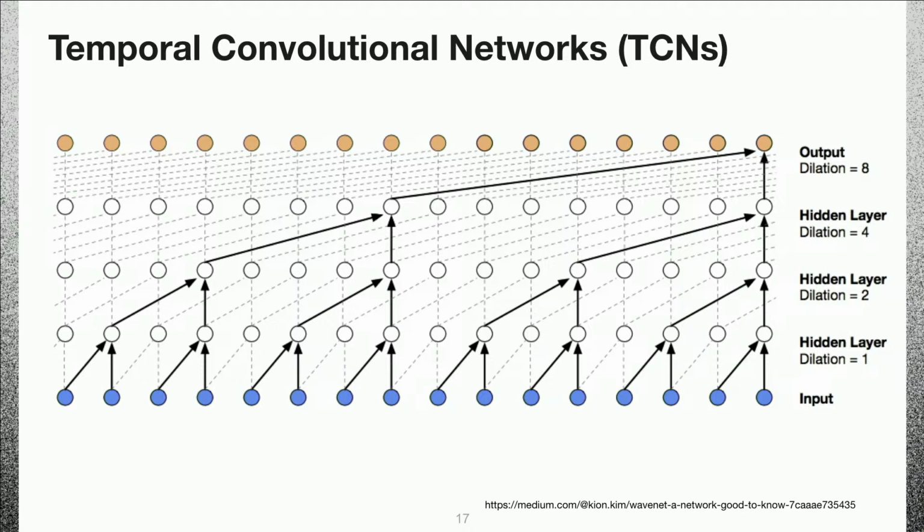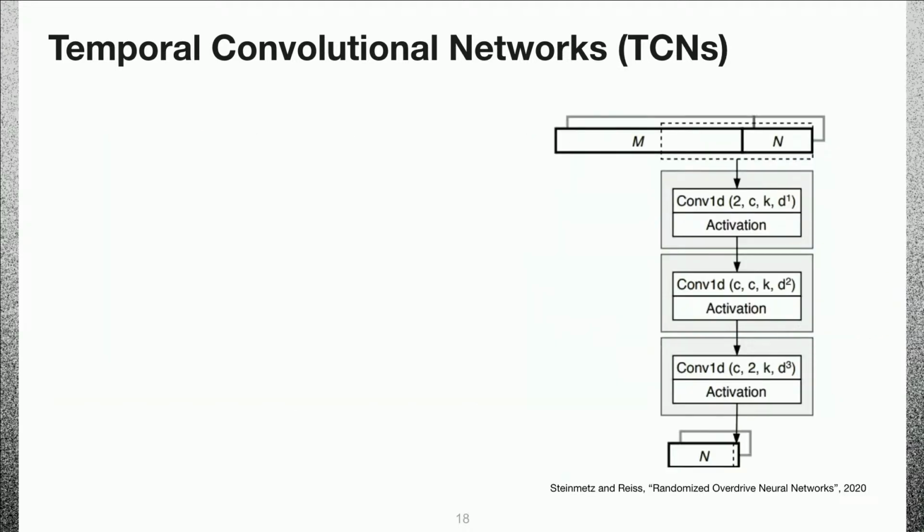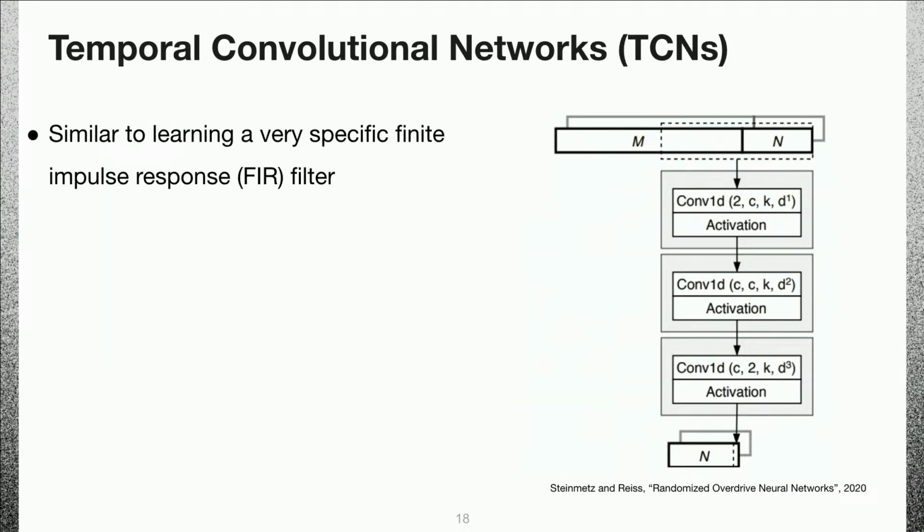So this is one of the underlying techniques behind some of these neural effect emulation networks. And the way I think about them is they're basically learning a very specific finite impulse response filter. That's one way to think about it. And then if you know about recurrent neural networks, RNNs, they're learning a very specific infinite impulse response filter.